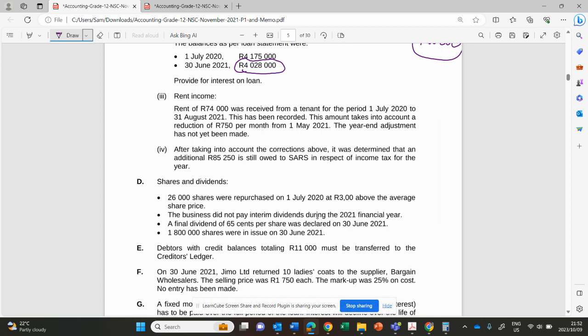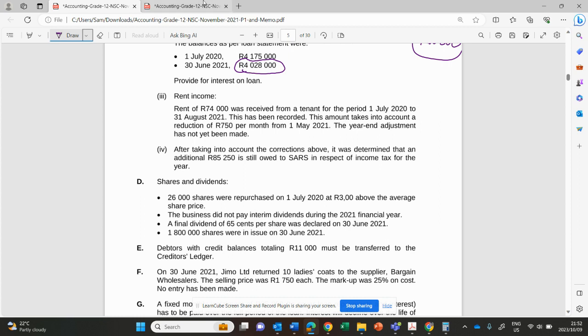So this has been recorded. Now this amount takes into account a reduction of 750 per month from 1st May 2021. The year end adjustment has not been made.